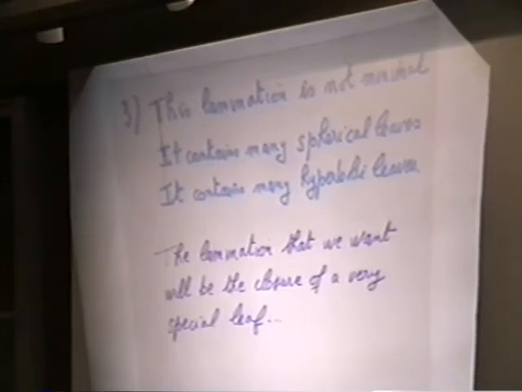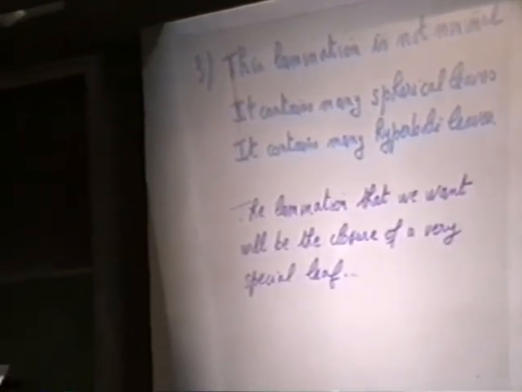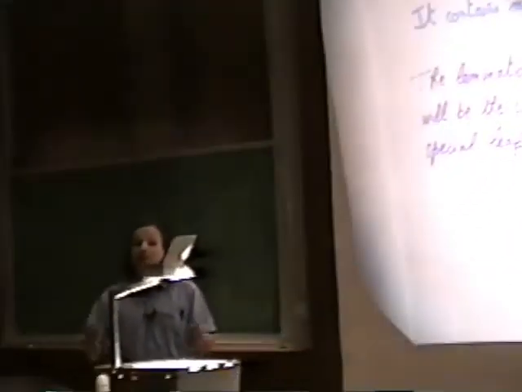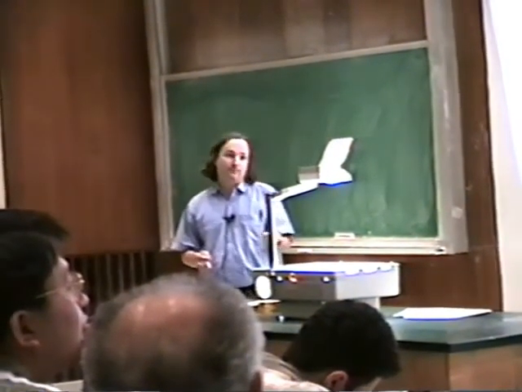Okay, so this lamination is very complicated, very big. It has many non-desirable objects. What you want to do is to take some sub-lamination of that lamination. And the lamination I'm going to discuss will be the closure of a very well-chosen leaf.